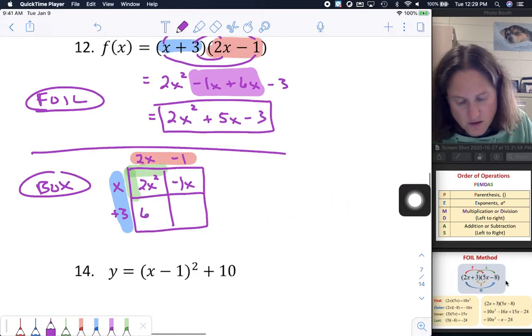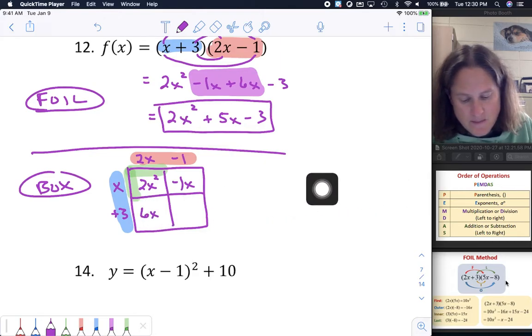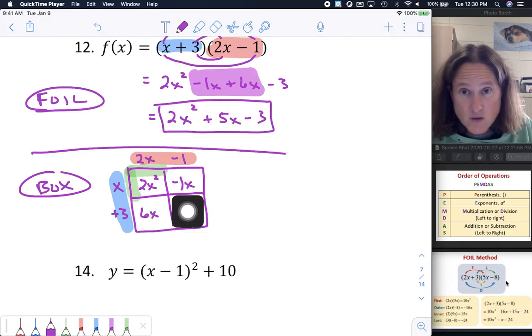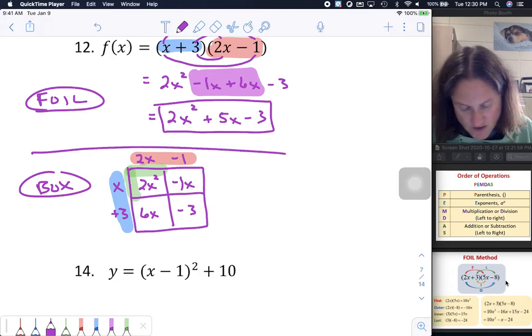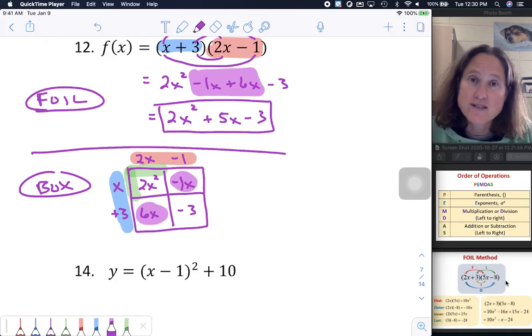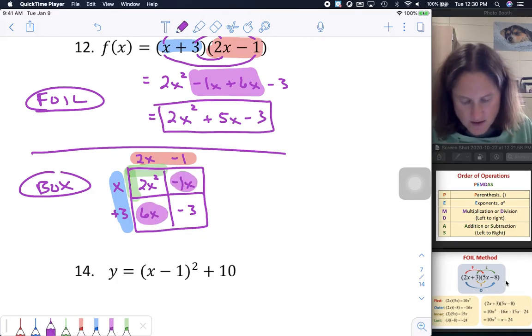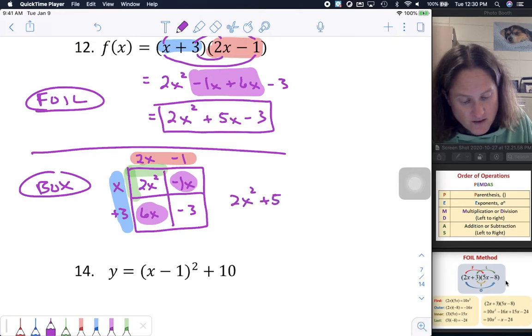So that would be an area of 6x. And then for the last square, it would be 3 times negative 1, which is negative 3. So when you go ahead and simplify this, it turns out that you can combine your like terms, which are 6x and negative 1x. So my final answer would be 2x squared plus 5x minus 3.